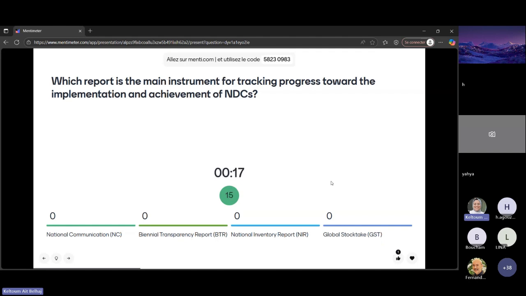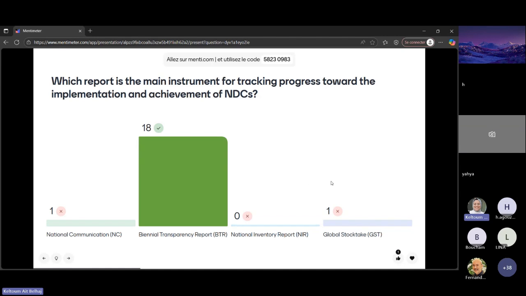Is it National Communication, Biennial Transparency Reports, NIR, or the Global Stocktake? We're talking about a report, not a process. Great, 8 good answers.